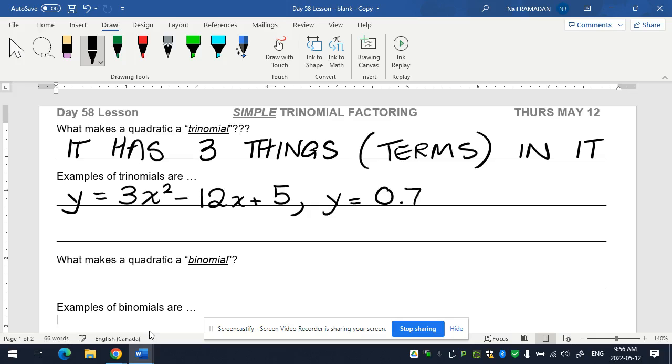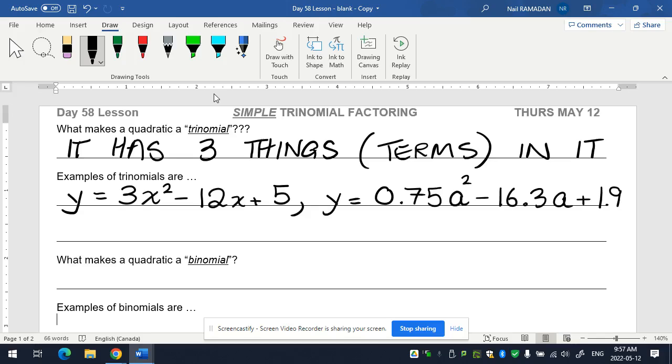So 0.75x squared. Or you know what? Let's not use x all the time. Let's use a different symbol, like a squared minus 16.3a. My last number has to be just a number. So plus 1.9.